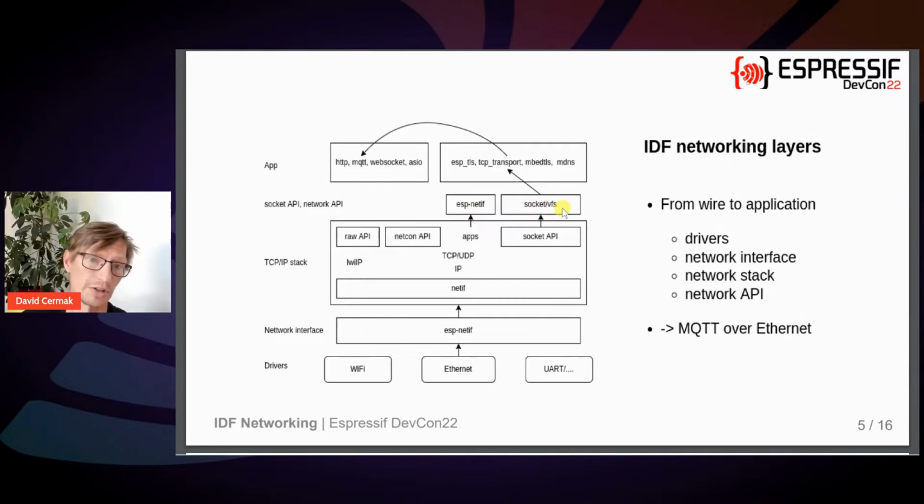Also, I already talked about VFS, the virtual file system. The socket API that we use from application libraries is not LWIP sockets, but there is a thin layer that helps us work with other sockets than networking sockets.